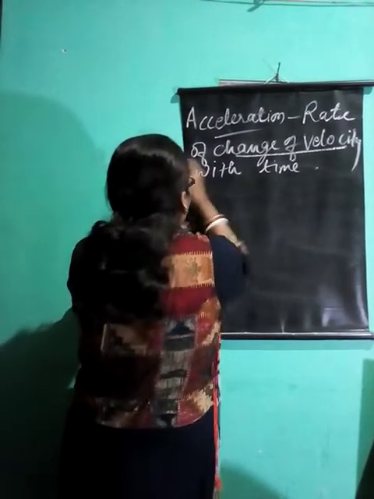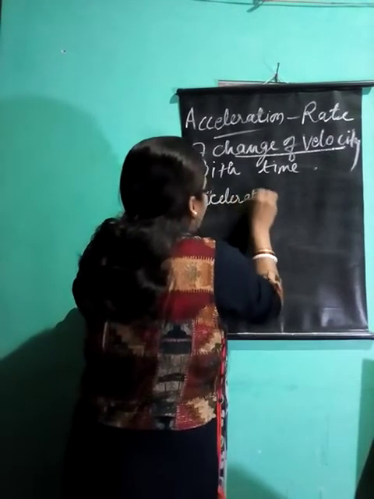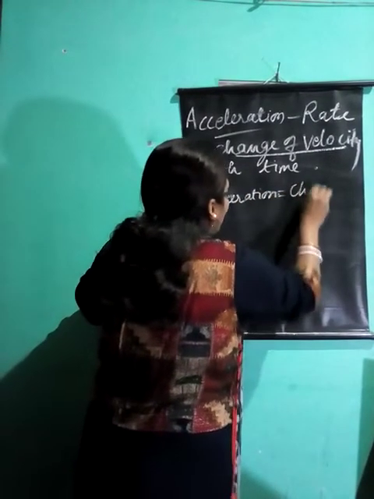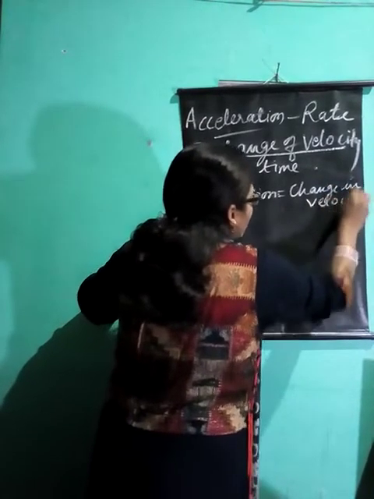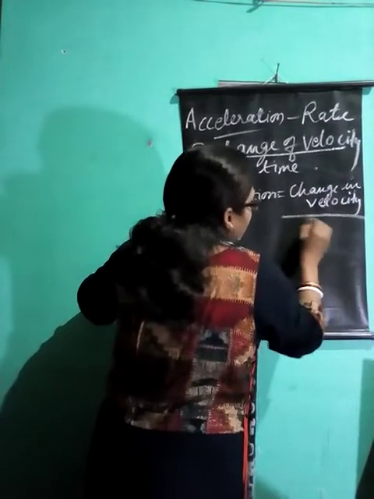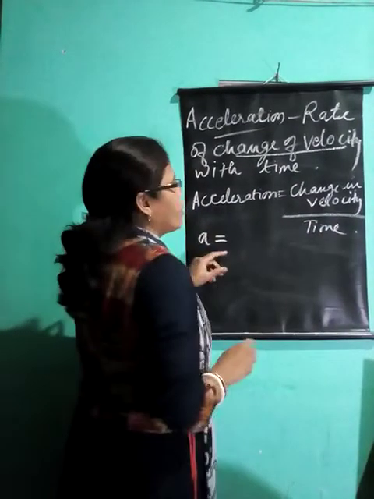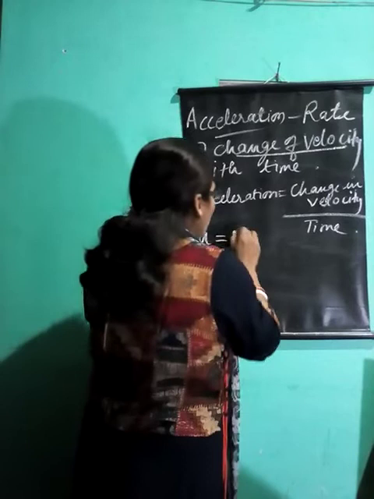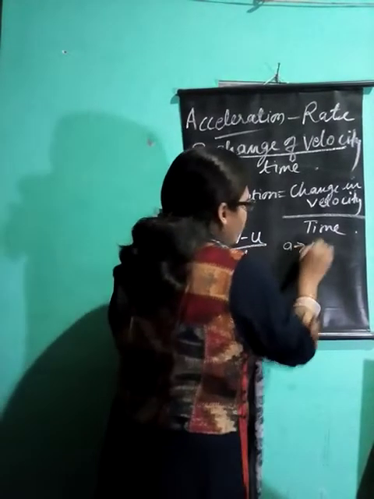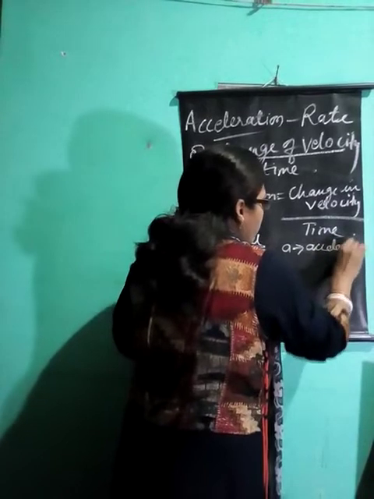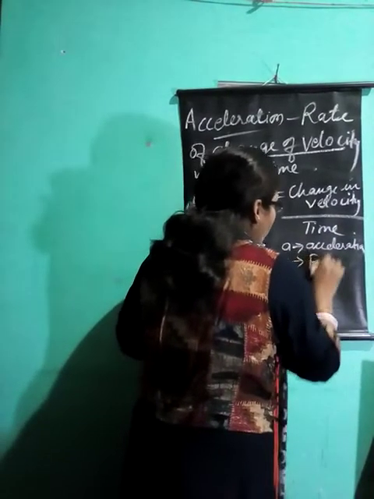Now acceleration, I write its formula: acceleration is equal to change in velocity by time. It is written in symbolic form as A is equal to V minus U by T, where A is your acceleration, V is final velocity.